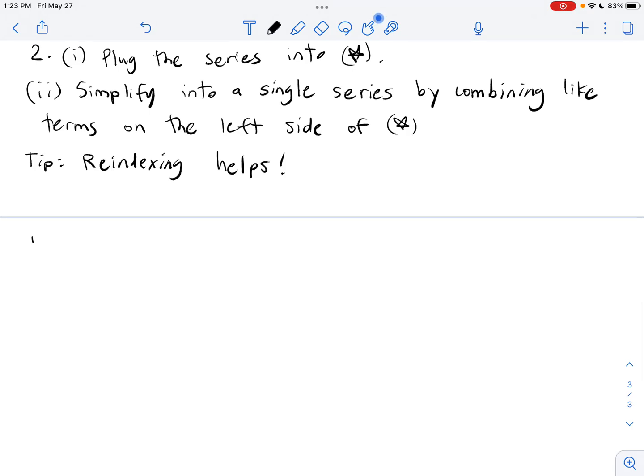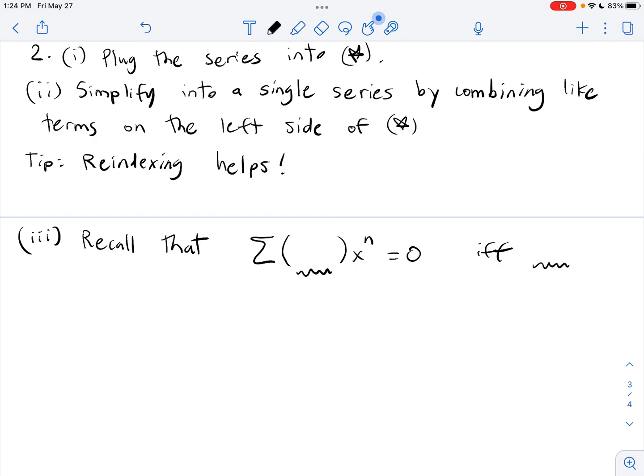Step 3. Recall, and this is something that we learned in 11.1 during the power series review, recall that the only way that a series can equal 0 is if the coefficient of x to the n is equal to 0.